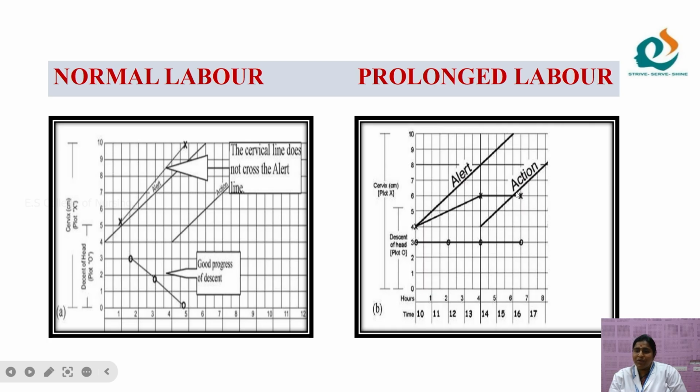So we have to go for the termination of labor by either cesarean section or by induction of labor. That is very important. And also you see the descent of the fetal head, that also is static at 3 by 5 descent only. It is not engaged into the brim, that is it is not engaged into the pelvis, so we cannot expect the normal delivery. So this makes it easy to identify normal and prolonged labor or obstructed labor, so that prompt action can be taken.